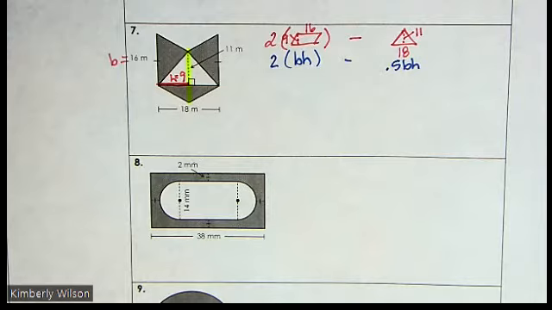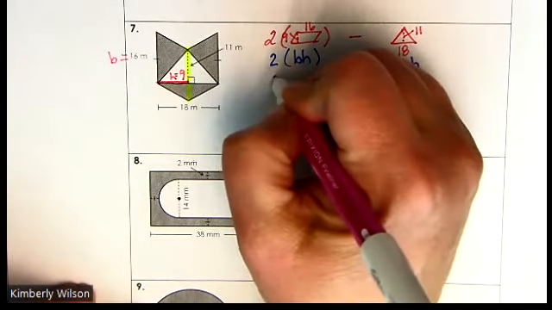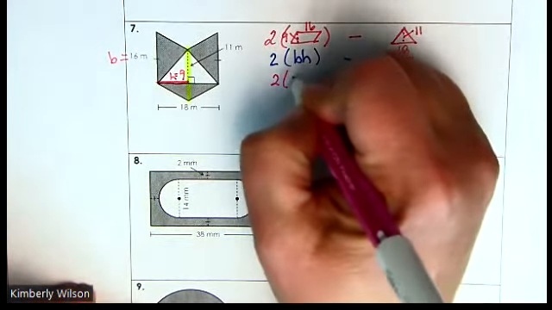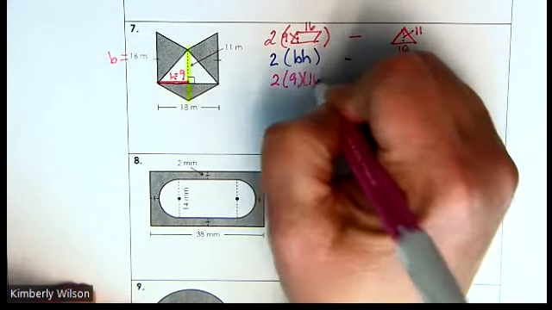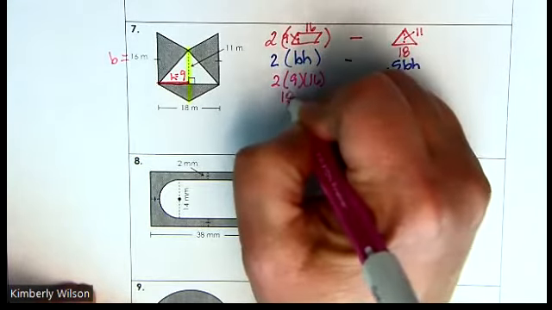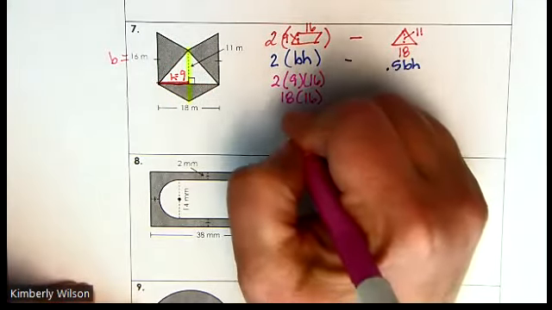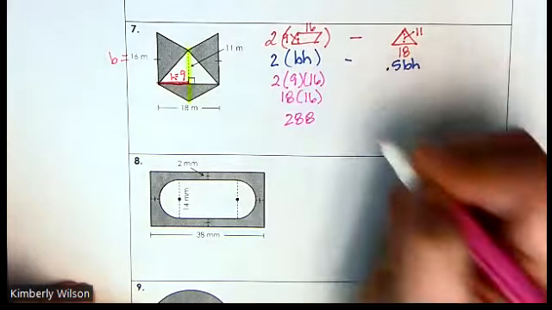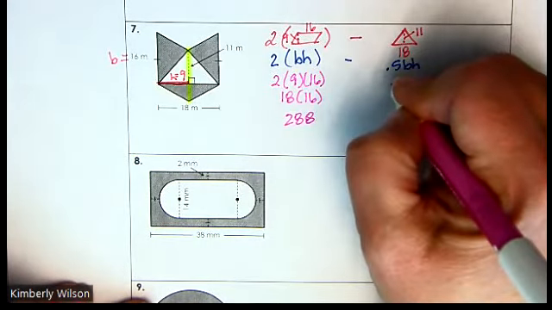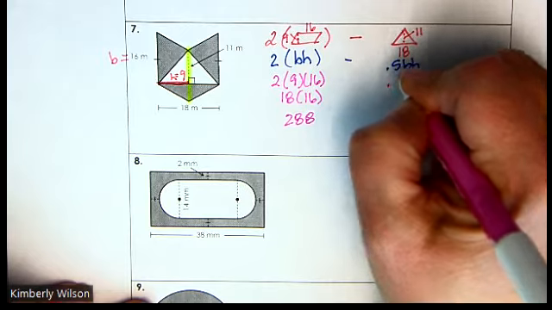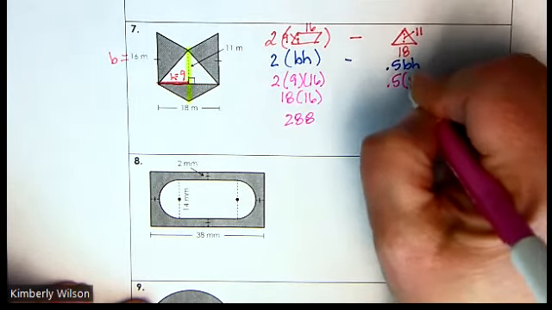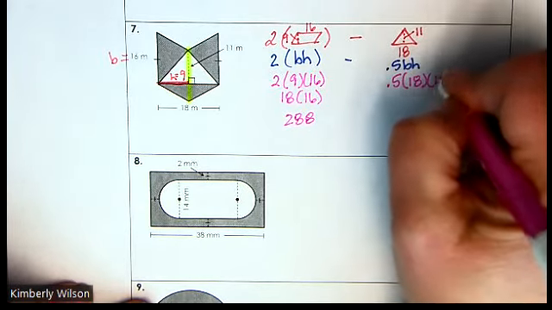Here we go. So we plug in our numbers. I have 2 times 9 times 16, which can be 18 times 16, which is 288. Over here we have 0.5 times 18 times 11.